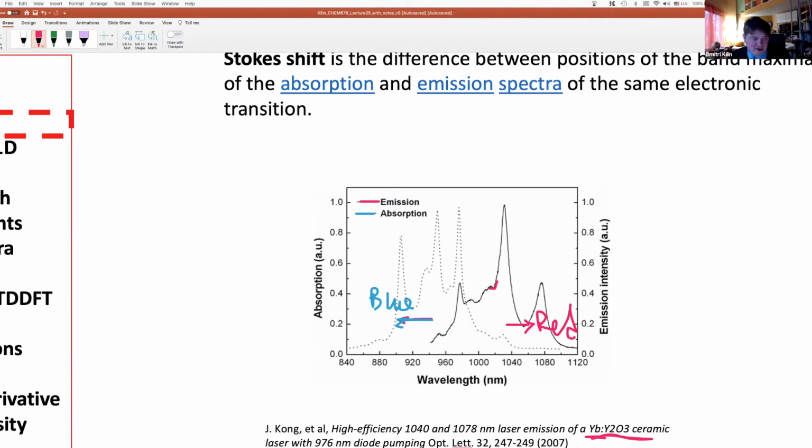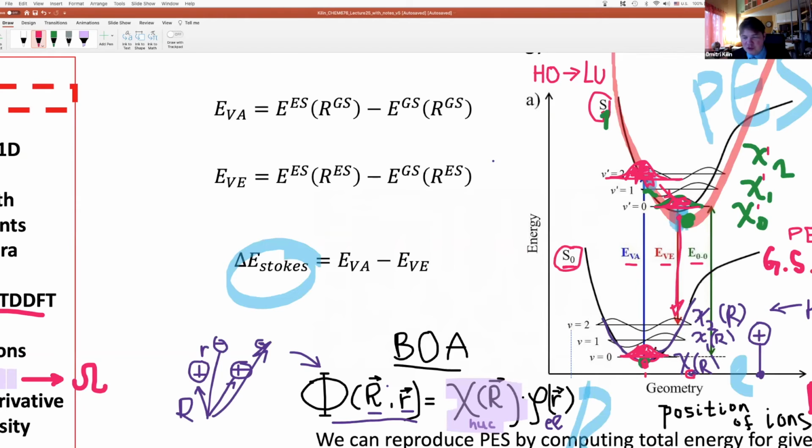The rationalization behind this is that for absorption, the blue line takes larger energy, and for emission, it takes smaller energy, because upon excitation there is a nuclear reorganization. The system travels to the optimal geometry of the excited state.